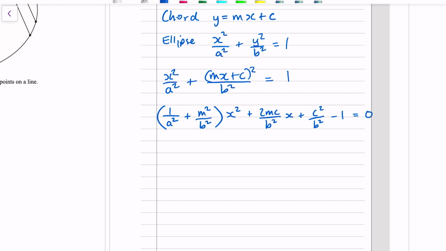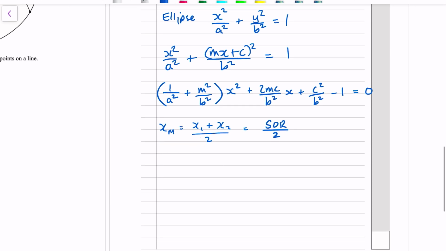Now I said I needed to find the points of intersection. Actually, I just need to find the midpoint of these intersection points. So the midpoint, which I'll call xm, is equal to the average of the intersection points. And that is a familiar expression: it's the sum of roots.